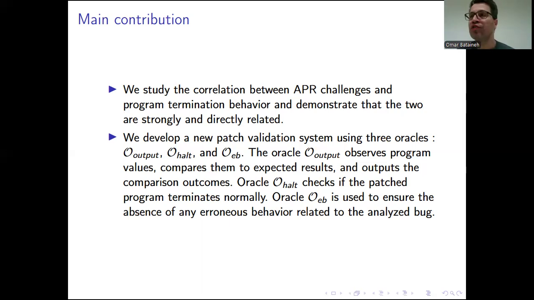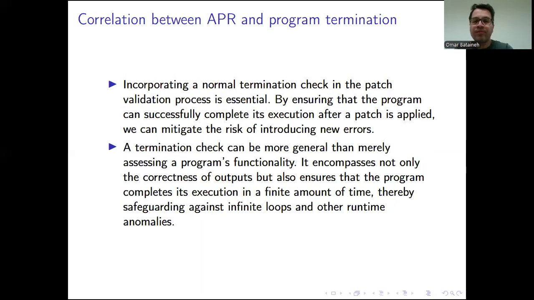The other is OAP, an oracle that checks whether the erroneous behavior associated with the bug has been eliminated in the generated patch. So we apply tools to check, for example, if the bug in the program causes the program to crash or hang or generate some exceptional error, whether that error has been eliminated in the generated patch to ensure that the patch is not overfitted, or that the patch is correct.